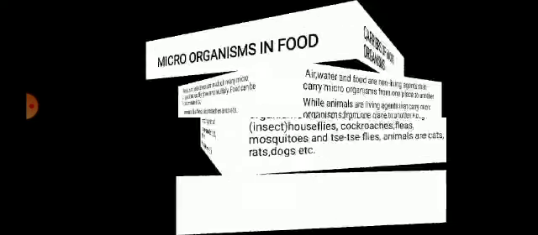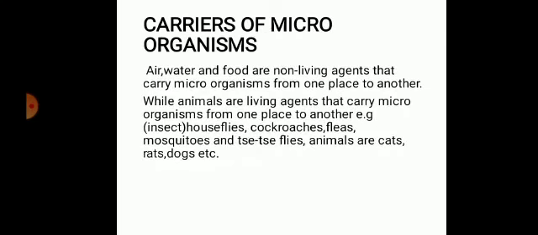Now let us look at the carriers of microorganisms. We have living and non-living things as carriers of microorganisms. Non-living things like the air, water, and food are the non-living agents that carry microorganisms from one place to another, while animals are the living agents that carry microorganisms from one place to another.